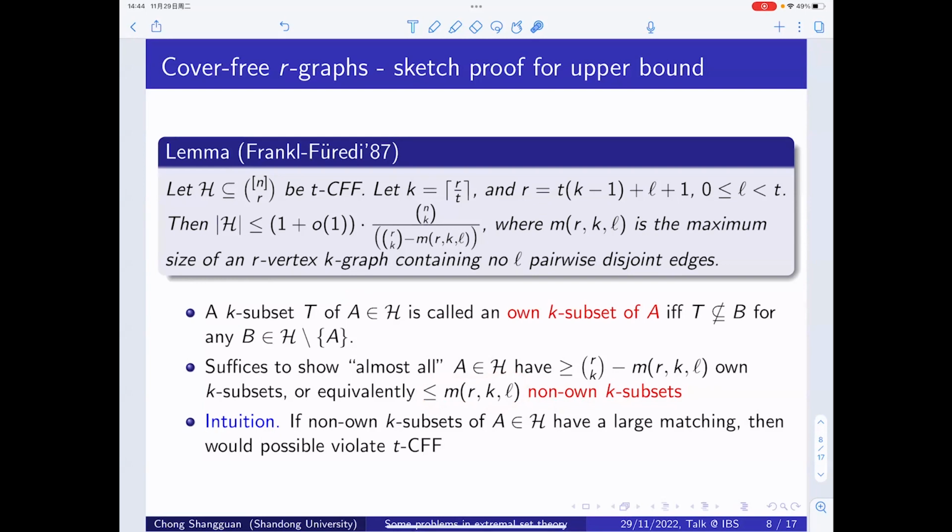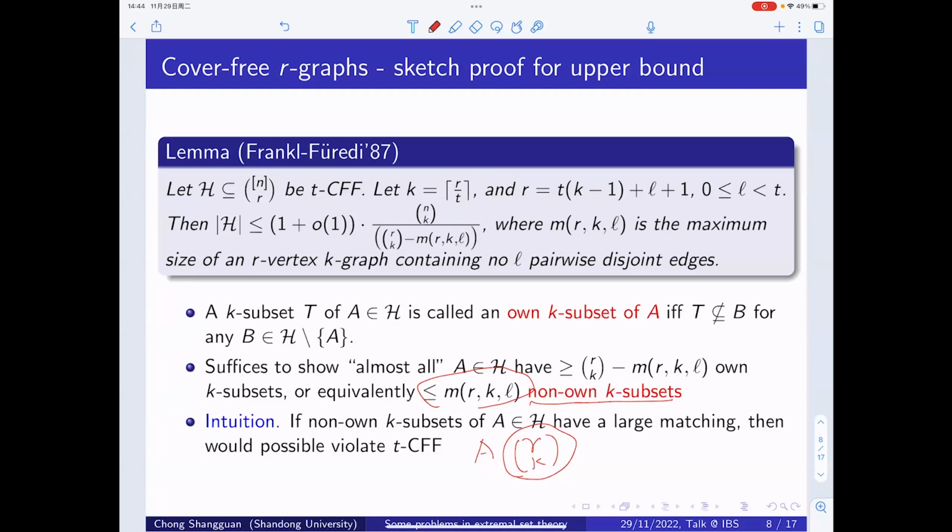Because for every edge A, it has r choose k subsets. So we divide the k-subsets of A into two parts, own k-subsets and non-own k-subsets. And we want to show that the number of non-own k-subsets of A is bounded from above by m(r, k, l). So why is this?